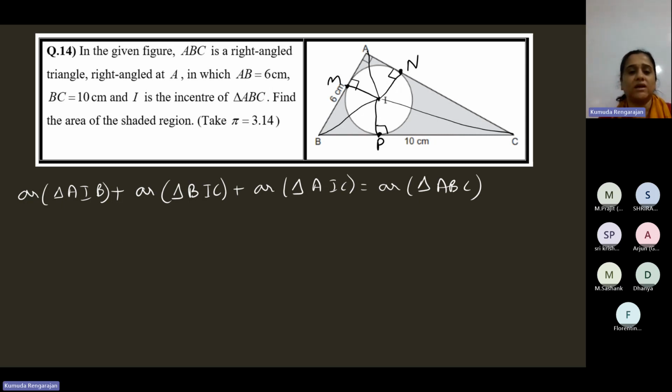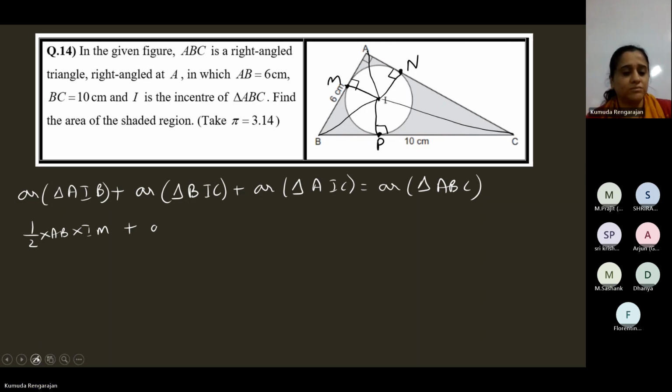Now what's the area of the triangle AIB? Half base into height. Half into, tell me the base. Somebody online, tell me. Half into AB into IM. IM, very good. Plus, somebody else online?